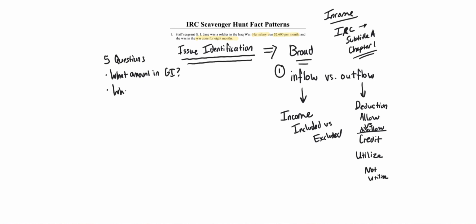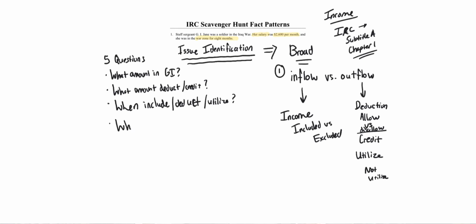Next, what amount can you deduct or credit? And I usually focus on deduct. When can you include, deduct, or utilize a credit? Who can include, deduct, or utilize? And finally, the character.